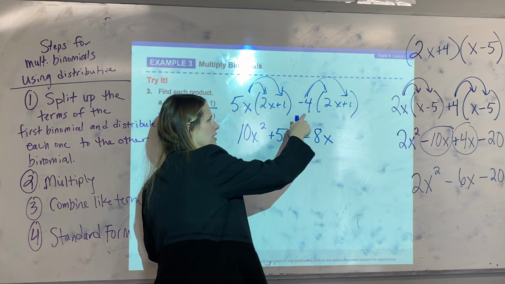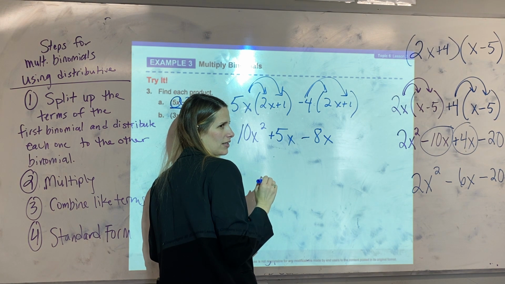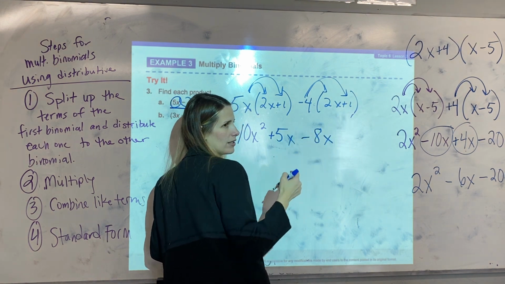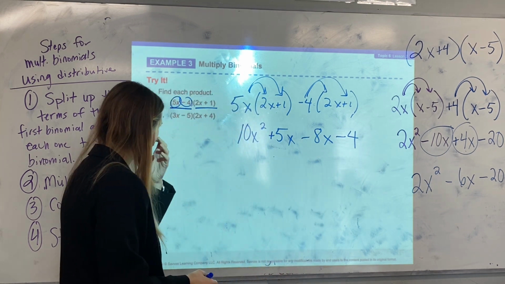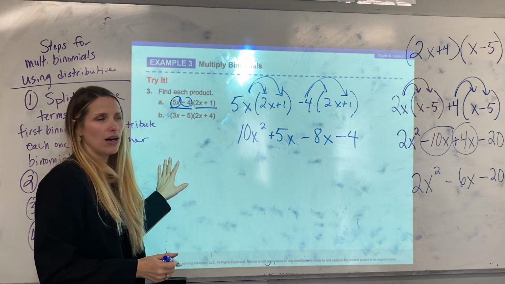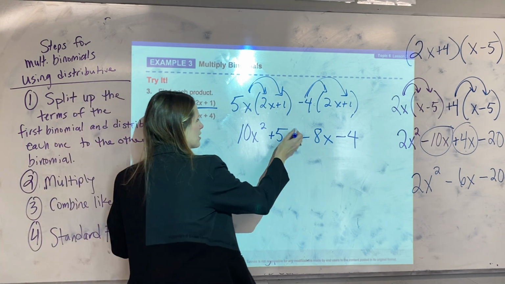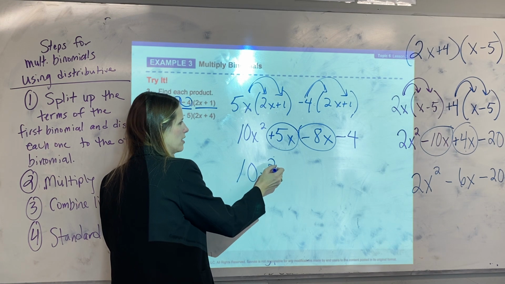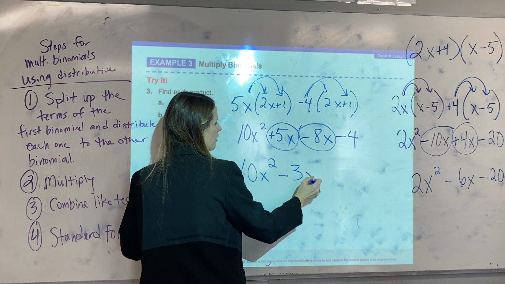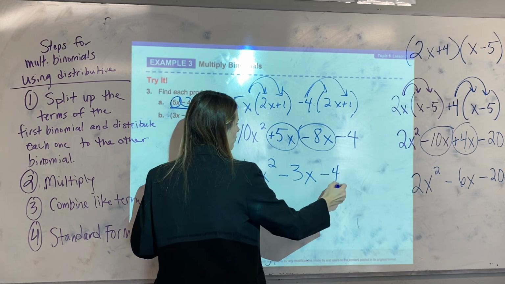And negative 4 times 1 is? Very good, because negative, anything times 1 is itself, right? Okay, are we done? No. Combine the like terms. So we have 10x squared minus 3x, because that's what 5 plus 8 is, and minus 4, that's it.